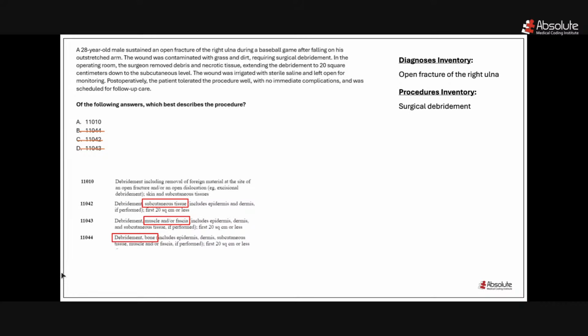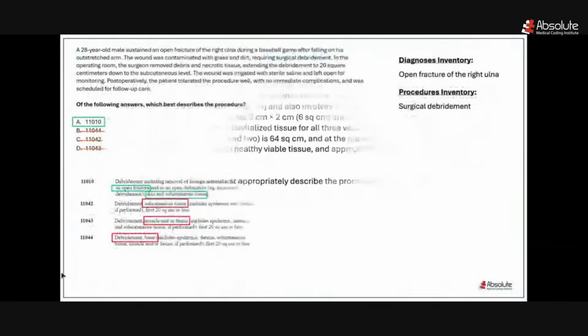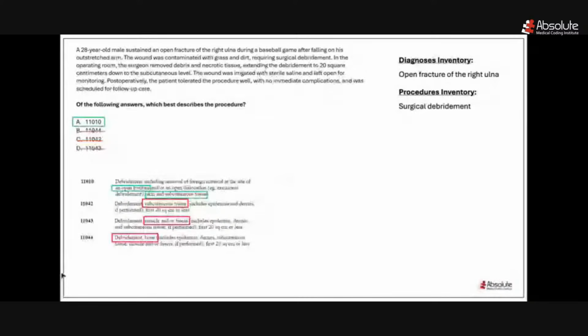And the level of debridement performed for option A, that is 11010, is skin and subcutaneous tissue. And in our scenario, yes, the debridement was performed at the fracture site, and the level was also till the skin and subcutaneous, right? Yes, it was done down to the subcutaneous level. There you go. So the correct answer is going to be option A.